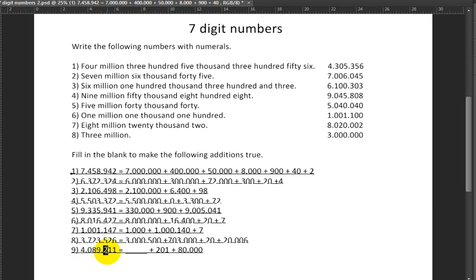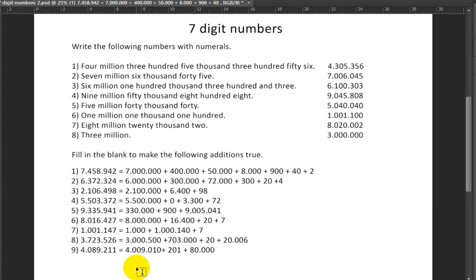We have the hundreds. We need the tens, but we have the ones. So we're going to need to make this number 4,009,010 in order for this addition to be true.